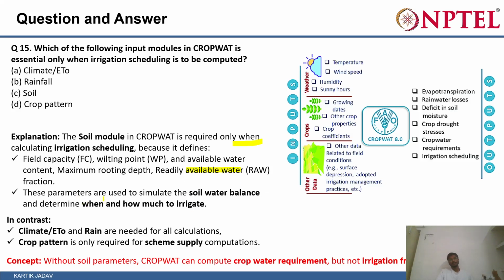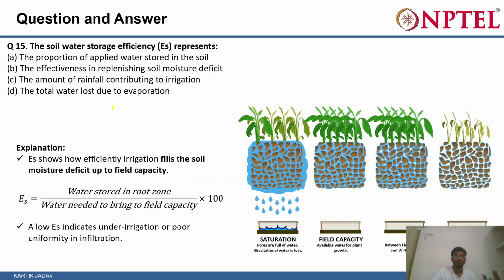In contrast, other modules like the crop or climate modules help us with a more detailed evaluation of different aspects of the project. But when irrigation scheduling is required, the soil module is the more decisive aspect. Option C is correct.